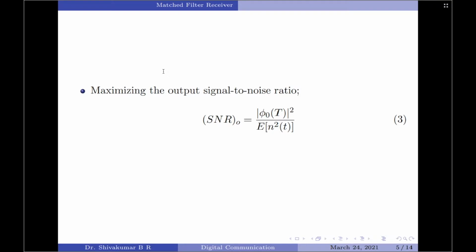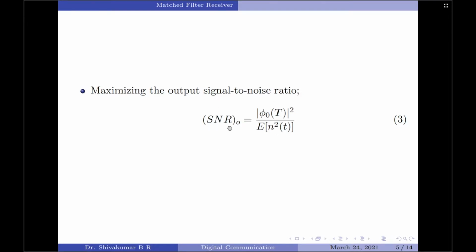Right. Since we are intending to prove that the matched filter receiver is an optimal receiver, we will demonstrate this by showing that the average power of the signal component phi naught of t is as large as possible compared with the average power of the output noise component n of t measured at time t equal to capital T. This is equivalent to maximizing the output signal to noise ratio, which is defined as in equation 3.